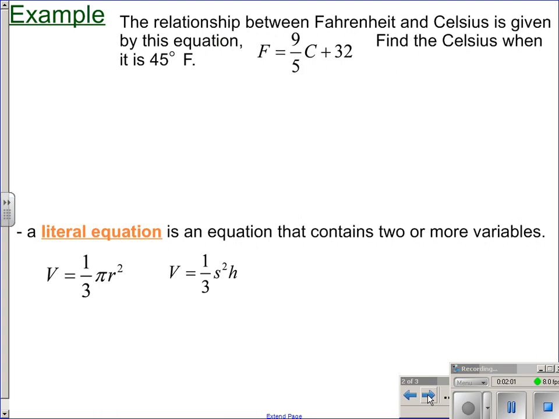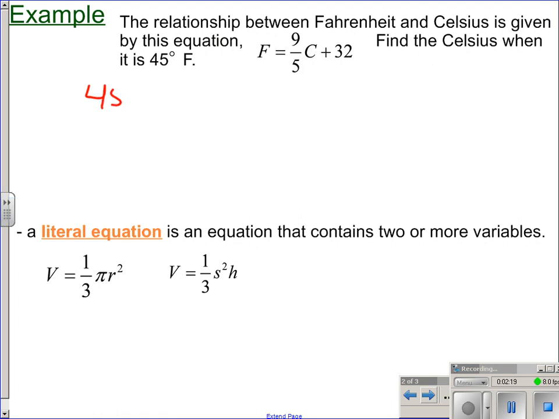Okay, for this example, the relationship between Fahrenheit and Celsius is given by that equation. That's probably something you've seen lots of times before. So just a simple example. Question is, find the Celsius when it is 45 degrees Fahrenheit.